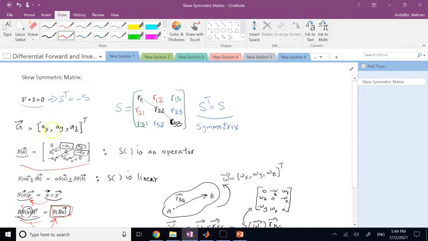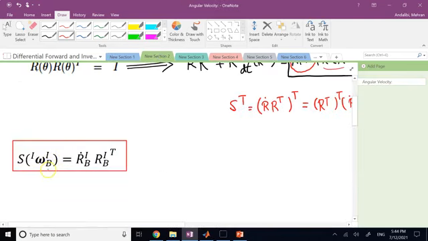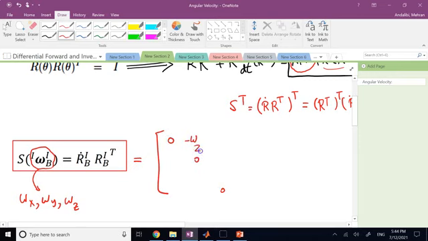Which vector should we plug into this skew symmetric operator to make this? You can show that it is easily the omega. So basically, if this omega that you have here is omega x, omega y, and omega z, then the result here is: 0, negative omega z, omega y, and negative omega x.